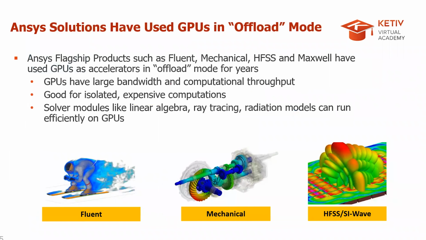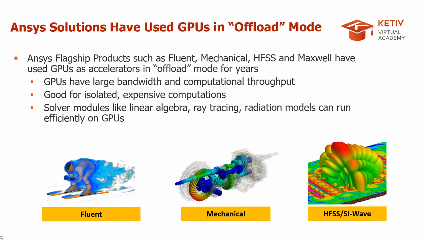And just to make it clear, right, using GPU technology is nothing new. It has been around for a while, especially in the Ansys environment. Some of our flagship products like Fluent, Mechanical, HFSS, and Maxwell have been using GPUs in the offload mode for a couple of years. I think in Fluent, it has been around since 2014. So when I say offload mode, what do I mean exactly?